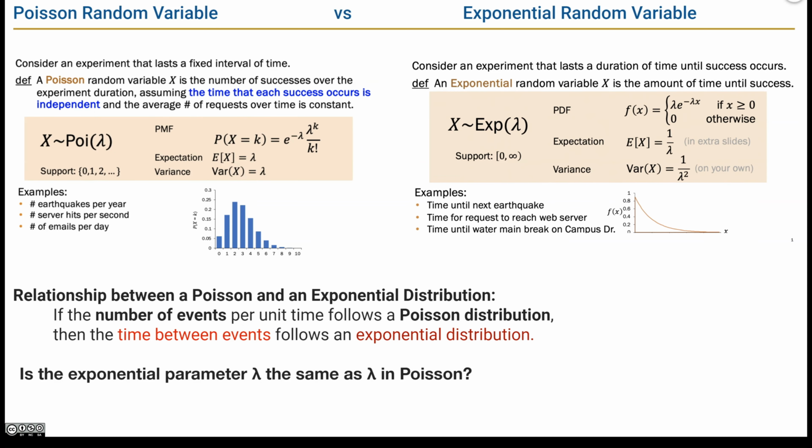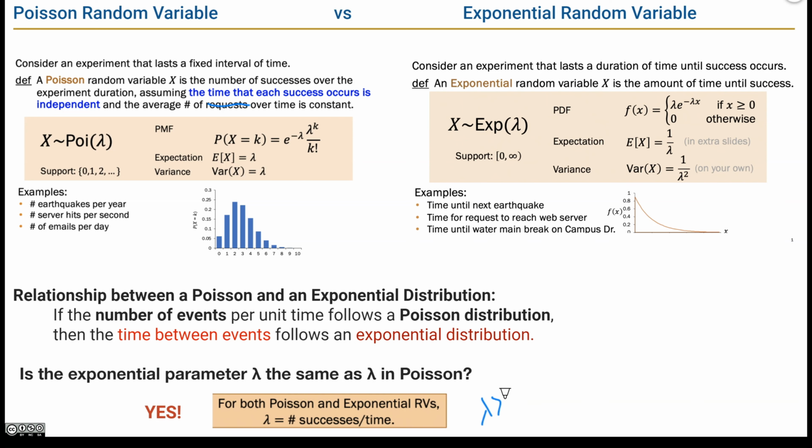So then you think, okay, wait, does that mean these lambda parameters are the same? And the answer is yes. In both of these distributions, lambda is that constant value that's your number of successes per unit of time. And that is also why lambda is always going to be greater than or equal to 0.